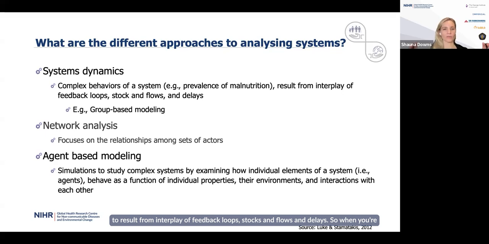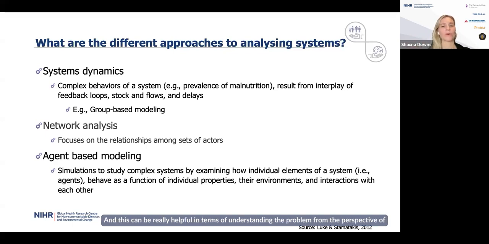When you're doing group-based modeling, which is generally when you're working with community members to understand the relationships they see throughout their system, you identify these feedback systems.